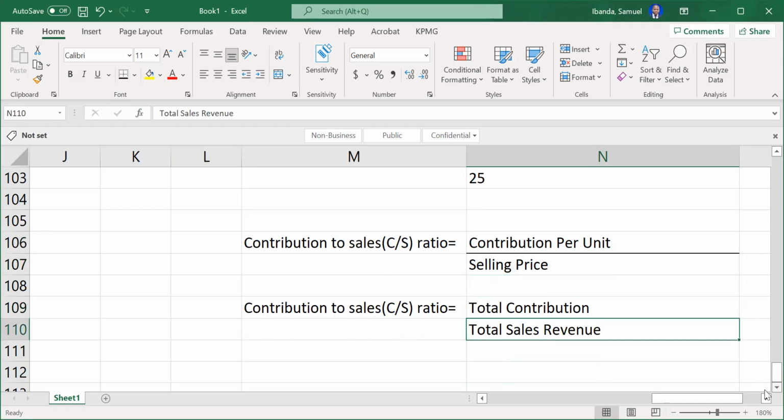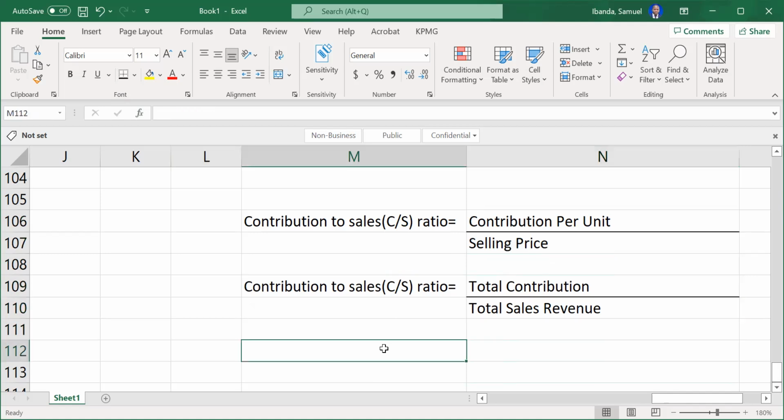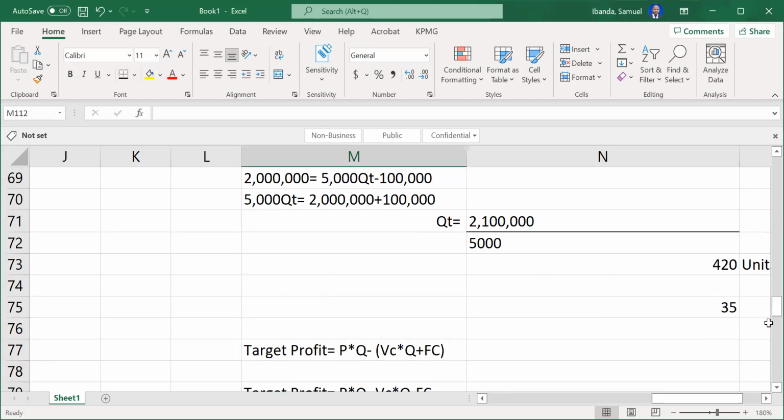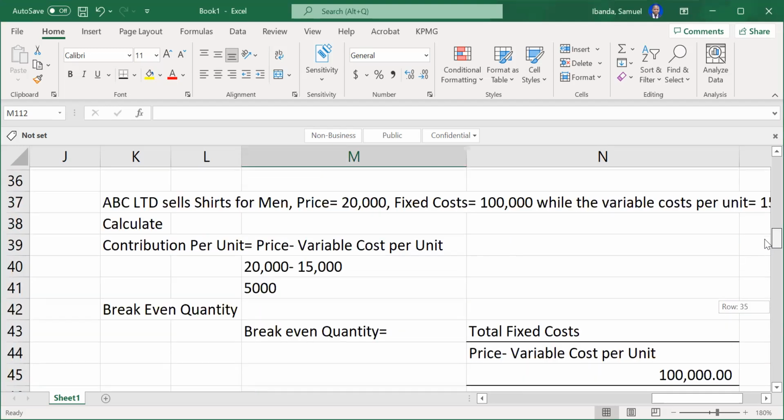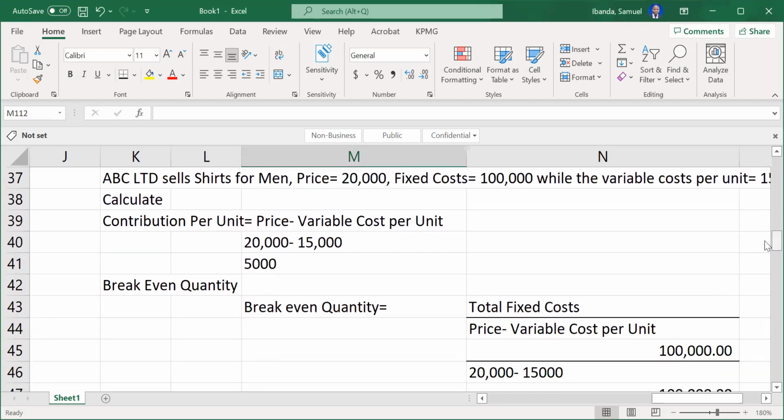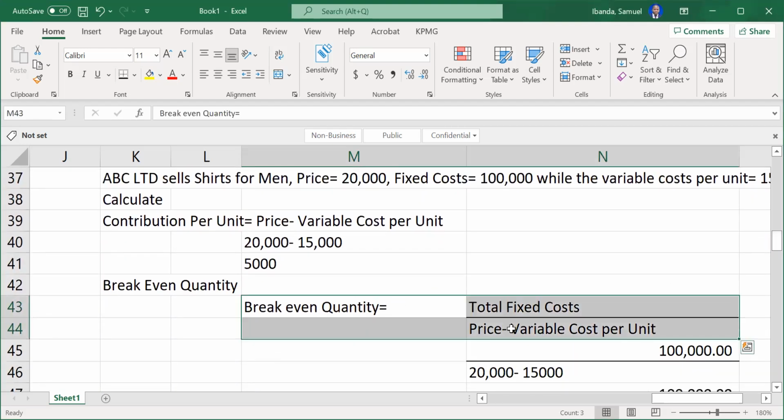But what I wanted to bring to your attention here is that sometimes the break-even point, or our break-even quantity, can be shown in terms of CS ratio. Now let's just pick the break-even quantity formula. So this is our break-even quantity formula.